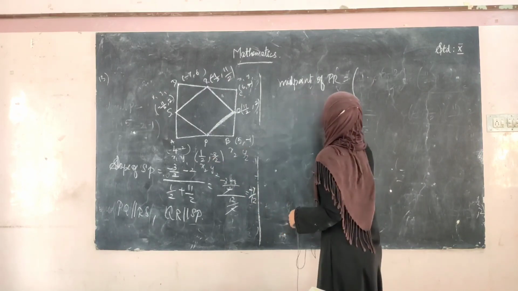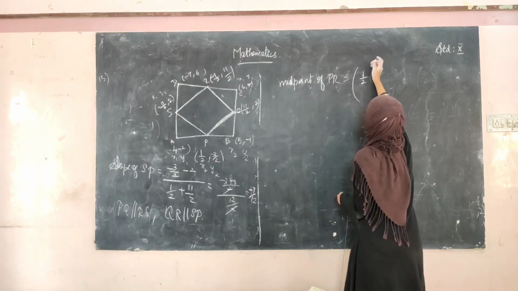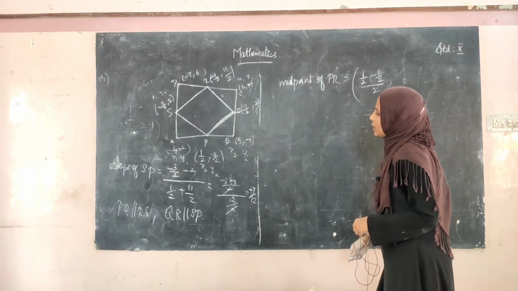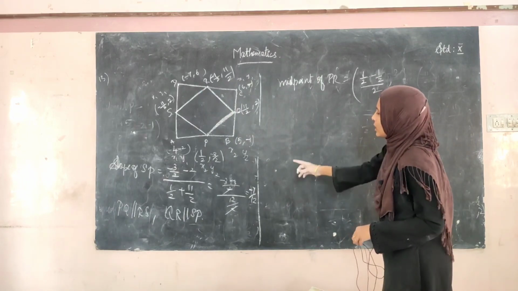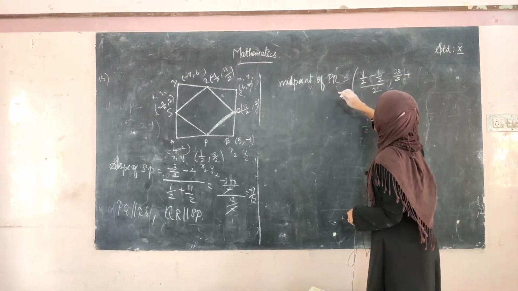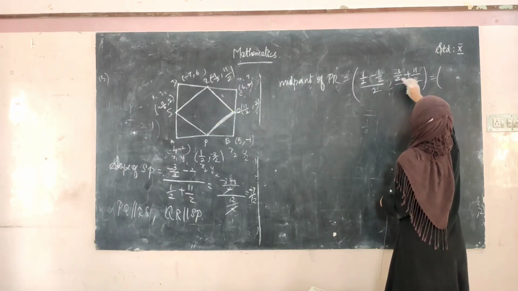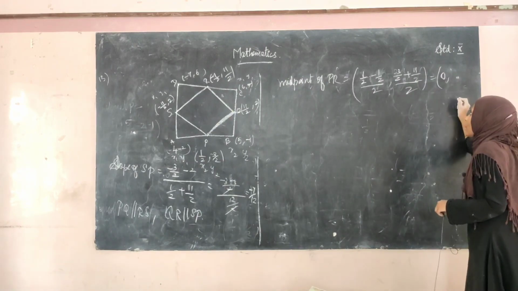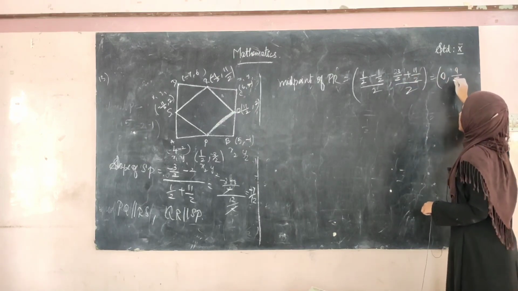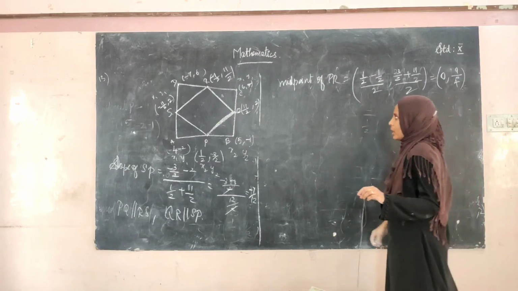Here x1 is 1 by 2, plus x2 is minus 1 by 2, divided by 2 comma, what is y1? y1 is minus 3 by 2 plus what is y2, it is 11 divided by 2, divided by 2. See here it is 0 divided by 2, so it is 0 comma, so 11 minus 3 is 9 by 2, so 9 by 4. 0 comma 9 by 4.